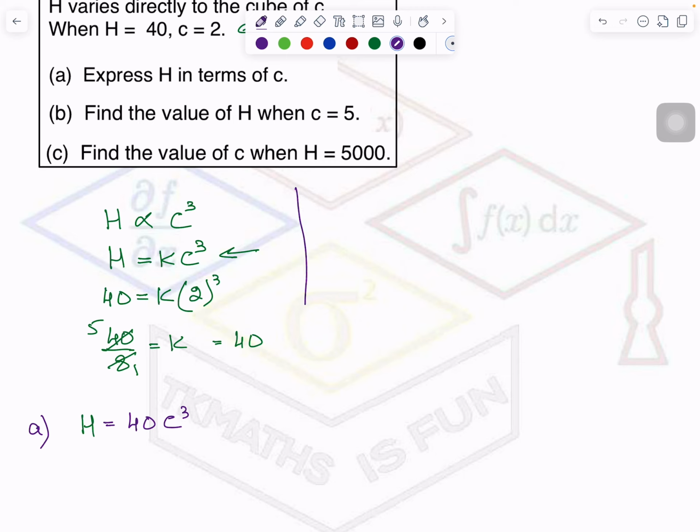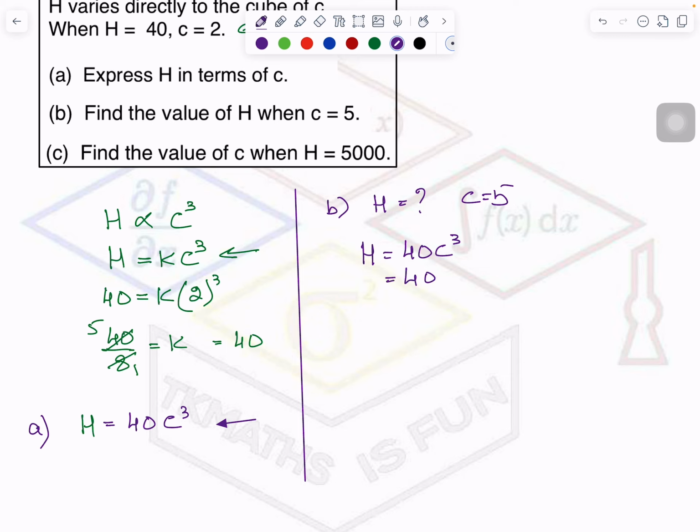Part B. So part B is saying find out H when C is 5. So we will refer to this equation which we have found here in part 1. H is equal to 40 C cube. So just substitute the value of C here, which is 5, and solve it. 5 cube is 125. You need to have strong mental maths calculation.